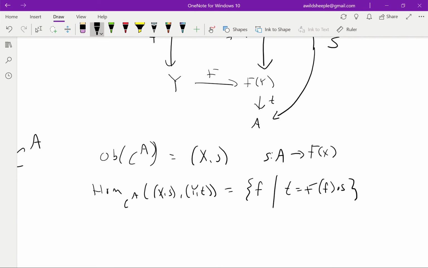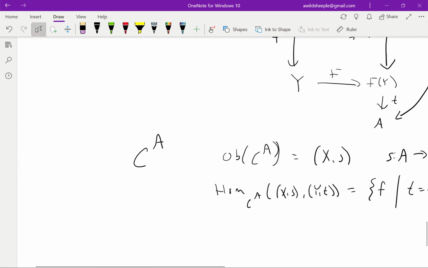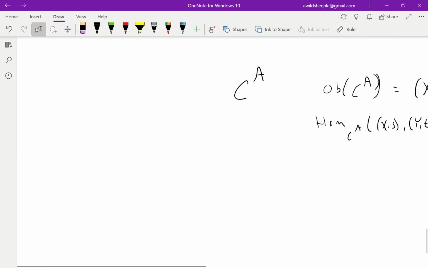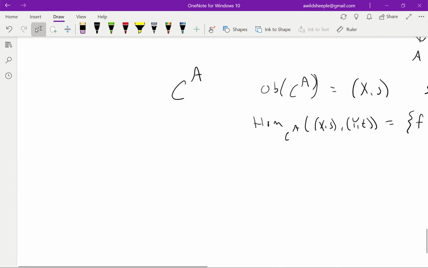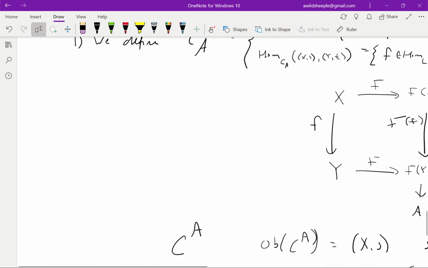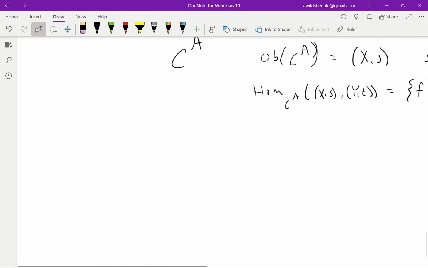Okay, so let's keep going. We're going to introduce, am I in line with what I wrote before? Yes. We're going to introduce then the final definition, which is what we wanted to say about subobjects and quotients.